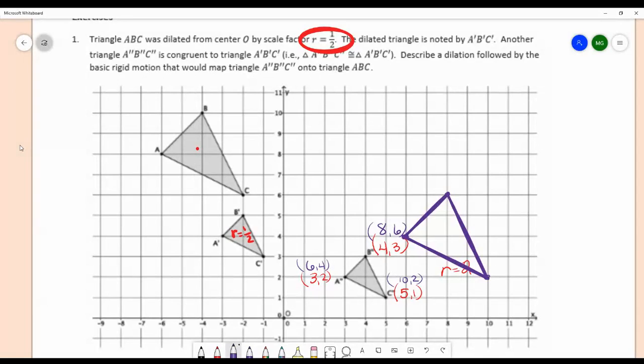And now I need to translate it. So I'm going to look at this point, and I'm going to go from an 8 all the way to a -4. I need to put those together. So this would be 8 spaces. This would be 4.